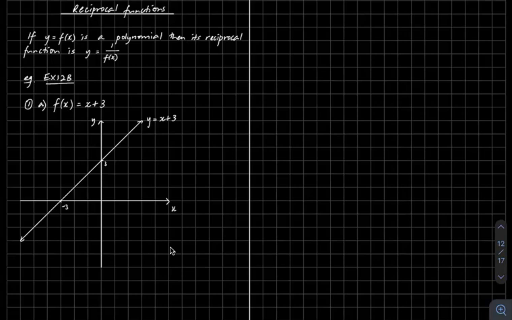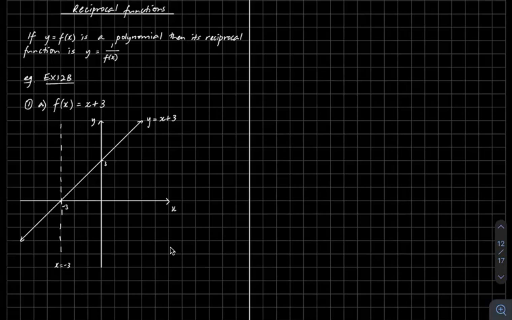That occurs at the x-intercept here at x equals -3. That's where x plus 3 is equal to 0. And so what that means is that there's going to be a vertical asymptote, x equals -3. That's going to be a place where the reciprocal function is undefined.